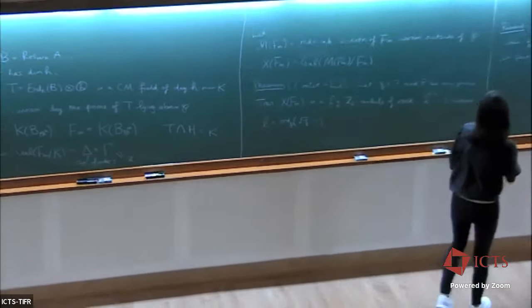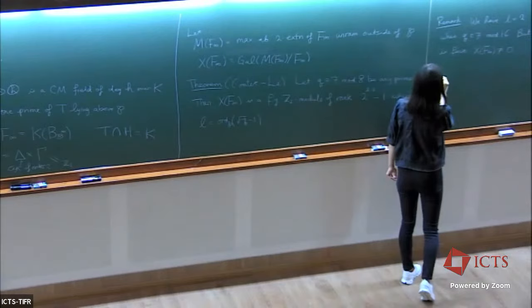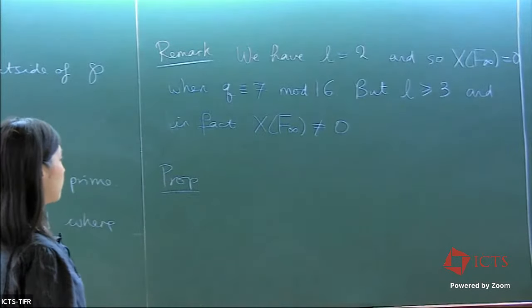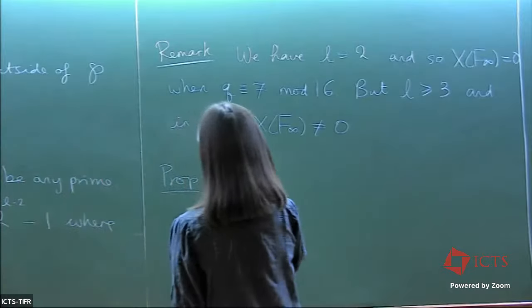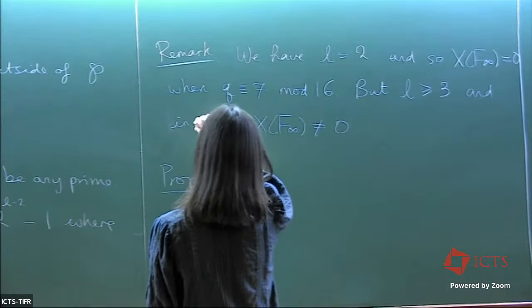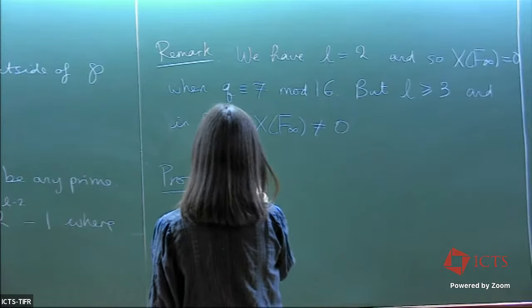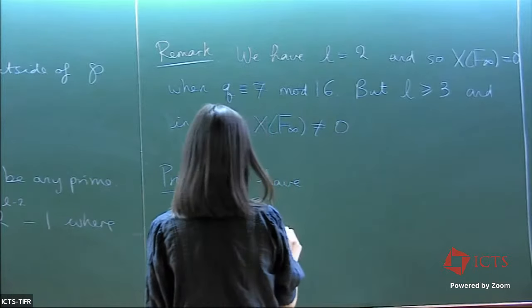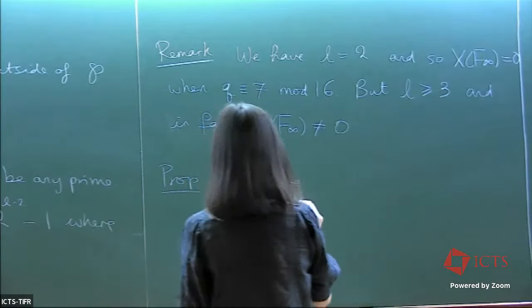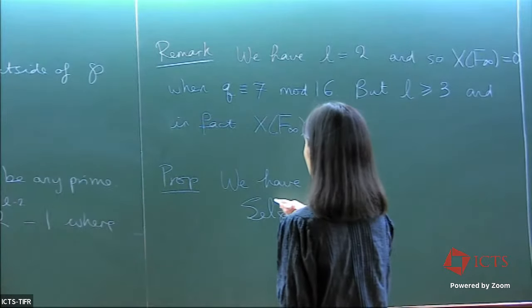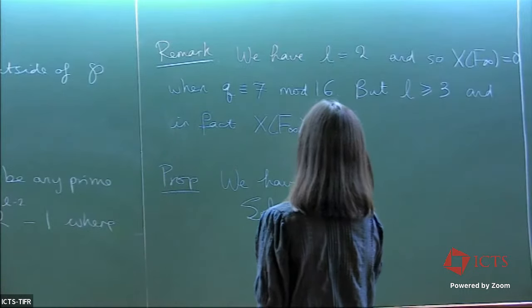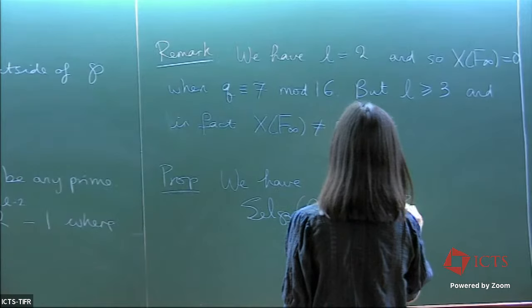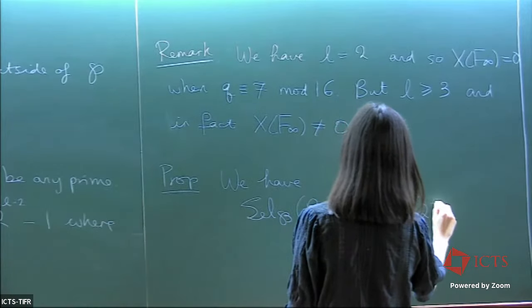Okay, so we need to show the following key proposition. We have the frac capital P Selmer group of B over K is isomorphic to Z mod 2Z.